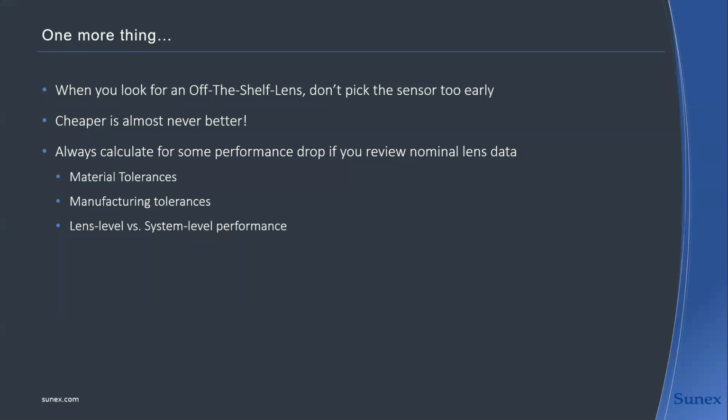Other values, in particular MTF, are very sensitive to the tolerances, particularly things like tilt and decenter. You can design a perfect system on paper, but when you put it together, you have to be concerned with tolerances. MTF in particular is the big one that we see. You should expect a little bit of degradation in the as-built design. How much is not a simple question to answer.